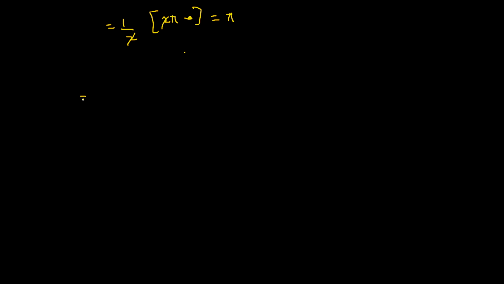Now to find the numerator, we know that the numerator is piecewise defined. From 0 to pi, it's 1, and from pi to 2 pi, we know it's minus 1. So we take a minus symbol here, followed by sine t dt. Now it's again simple integration.